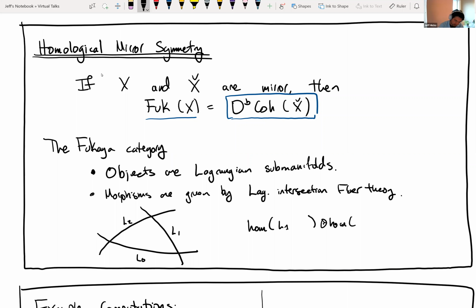I probably want Hom L1, L2 tensor Hom L0, L1 to Hom L0, L2 is given by a count of holomorphic disks with strip-like ends limiting to the intersections between L0, L1, and L2, and with boundary on those Lagrangians.